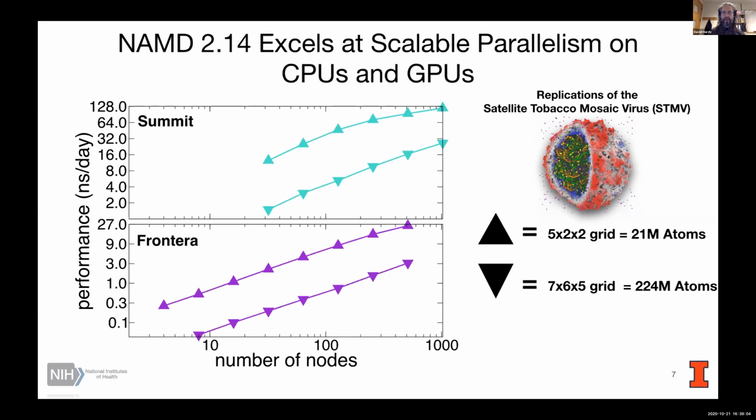This case is showing just our synthetic benchmarks that are created by replicating this STMV million atom virus and tiling space with it, so that we can create whatever sized benchmark seems appropriate. The two that we have generally been using are this 224 million atom matrix and this 21 million atom matrix.